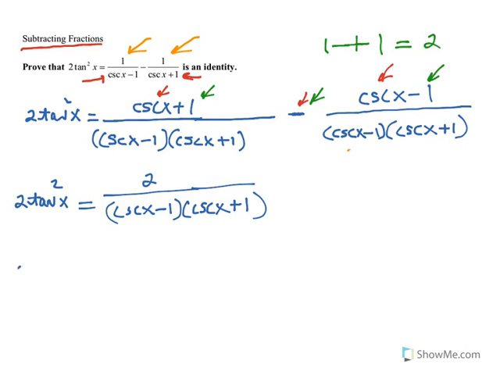So let's say the left side is 2 tangent of x squared equals, we have a 2 up top, and if we multiply together these two binomials, we should get cosecant of x squared. You're going to get a negative cosecant and a positive cosecant in the middle, since we have that difference of two perfect squares factoring pattern. And then on the end, you're going to have a negative 1 times a 1, so negative 1.